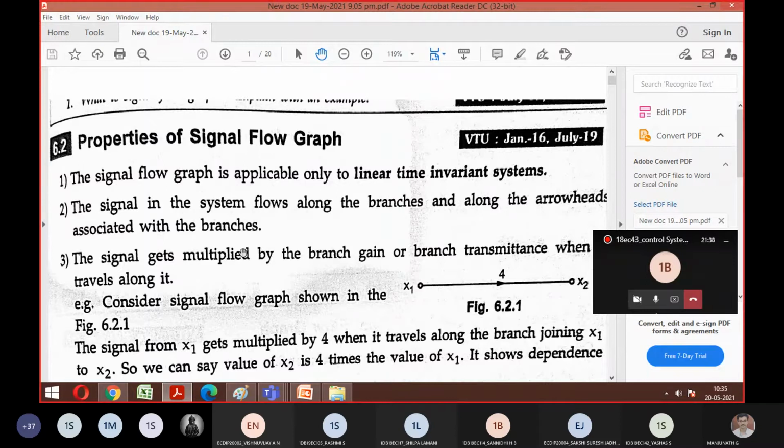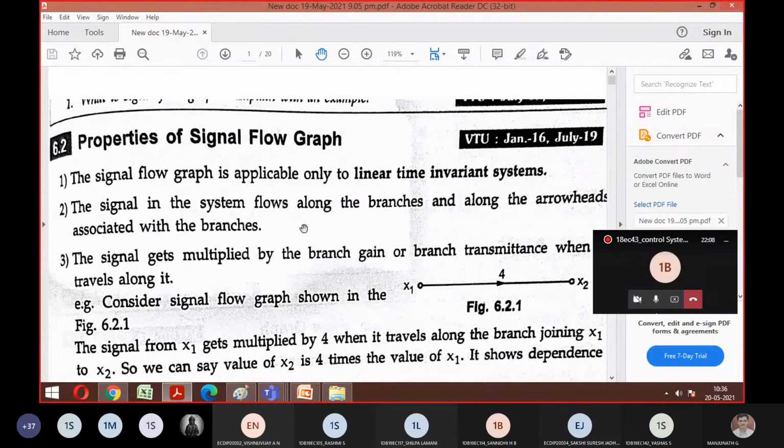There is nothing like a summing point or takeaway point or any blocks we had in the block diagram. I'm just marking a node, and with the help of nodes, I'm connecting a straight line. That line connection is indicated with an arrow mark. That arrow mark will tell you how the input to output flow will happen. That is what the second property tells.